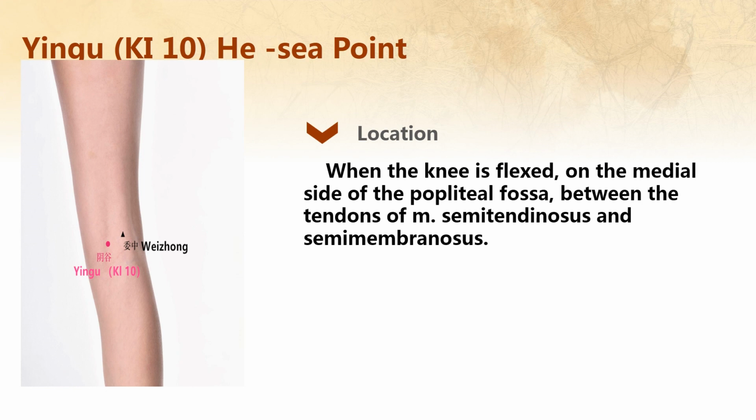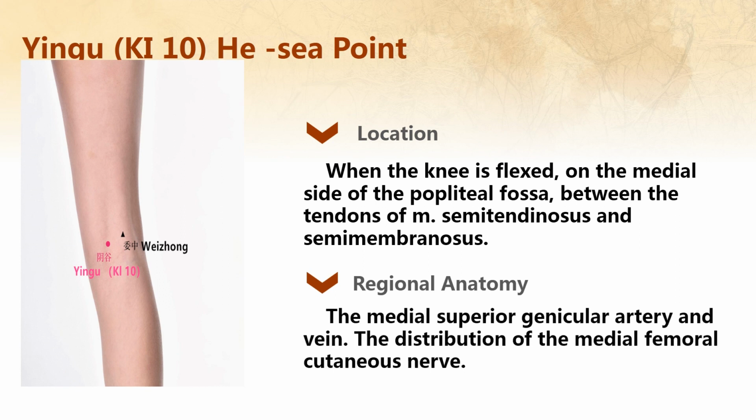The fourth point is 阴谷. The acupoint is located when the knee is flexed, on the medial side of the popliteal fossa, between the tendons of semitendinosus and the semimembranosus. The location of this acupoint contains the medial superior genicular artery and the vein, the distribution of the medial femoral cutaneous nerve.